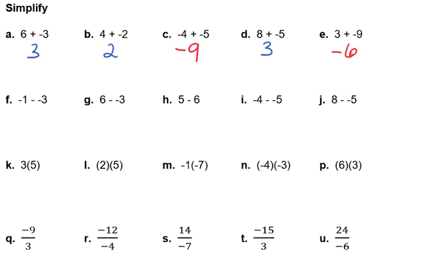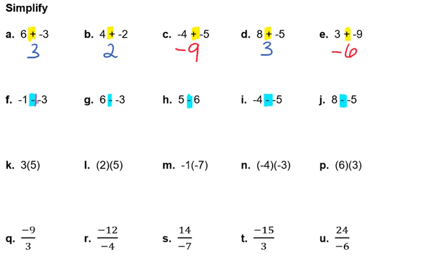Let's look at our next set, where we're changing from having a main focus of addition signs between our numbers to where now we're going to have a subtraction sign between our integers. So something that makes it easy is that if I see two negatives in a row, I want to change those into a plus sign.